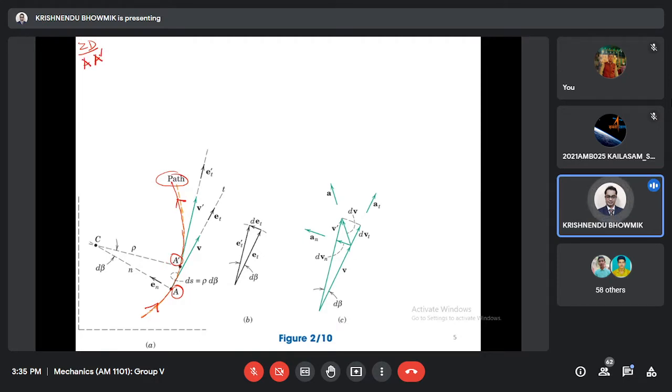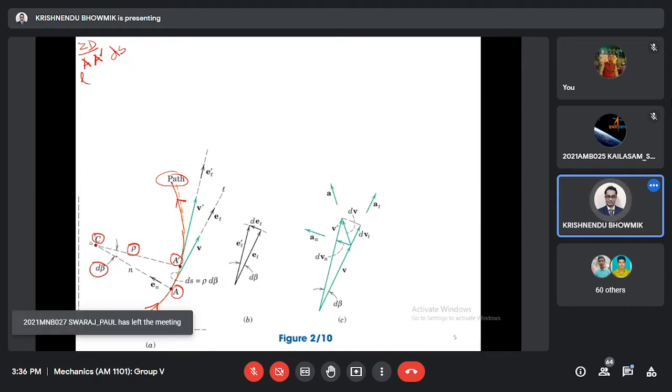They are located with a very small distance, curvature arc ds. There the distance is very small, and this arc is causing one radius of curvature rho with respect to the center C, center of the curvature, and it is making angle d beta. This is the angle that is very small value.